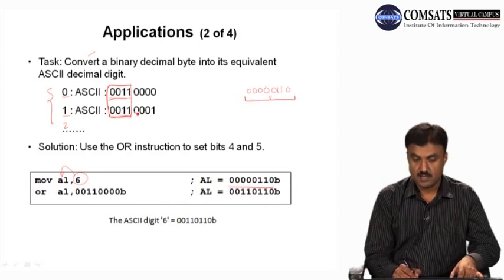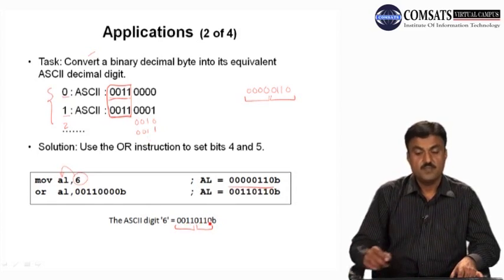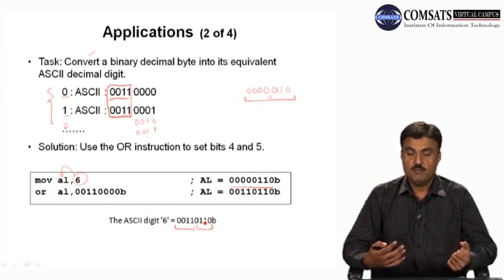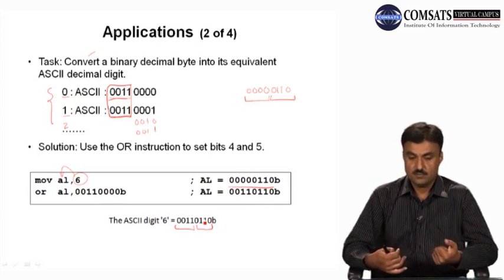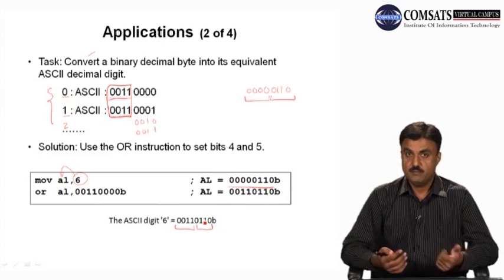Only the lower order 4 bits are changing: for 1 it will be 0 0 0 1, for 0 it will be all zeros, for 2 it will be 0 0 1 0, for 3 similarly 0 0 1 1, and so on. So for the 6, the bit pattern should be 0 0 1 1 0 1 1 0. Now in AL we have the binary representation of the decimal number. For example, we move 6 in decimal into AL, and then it will be in binary.